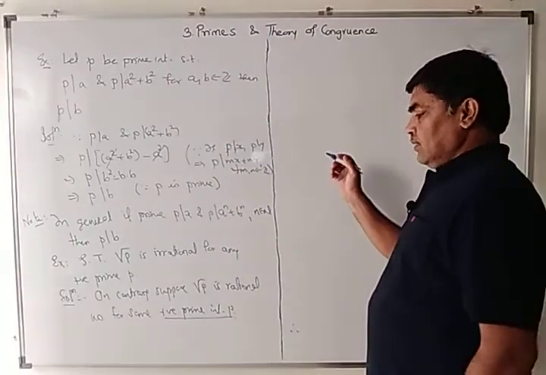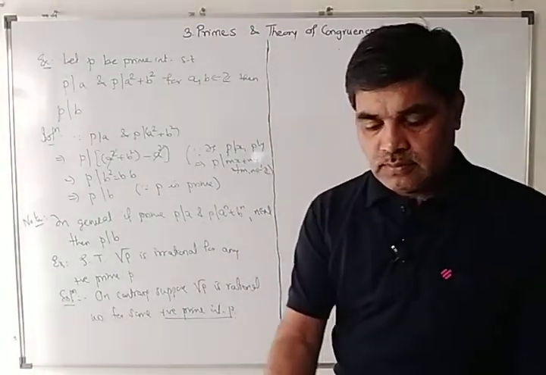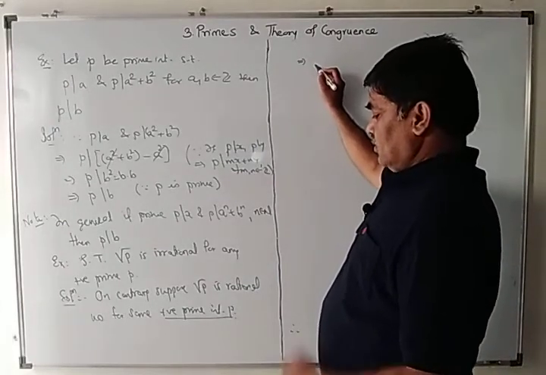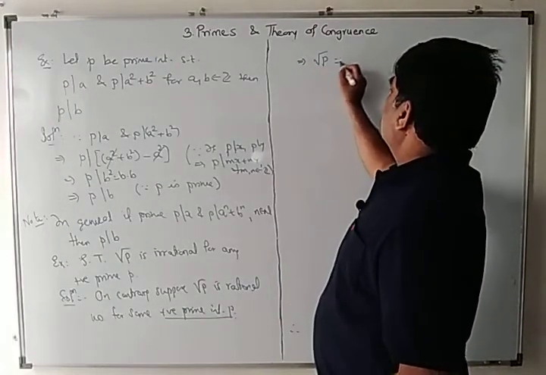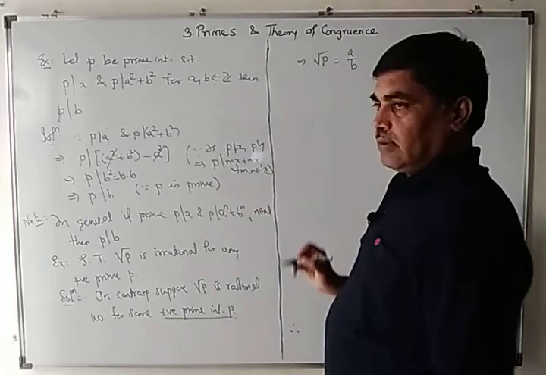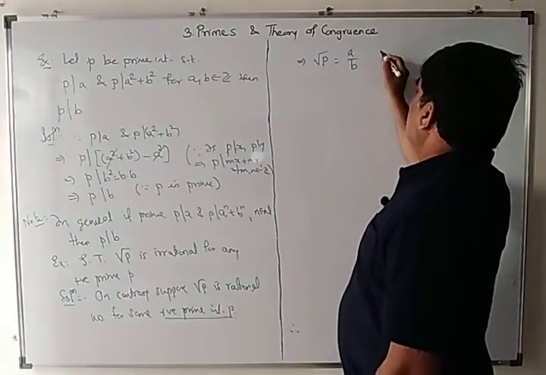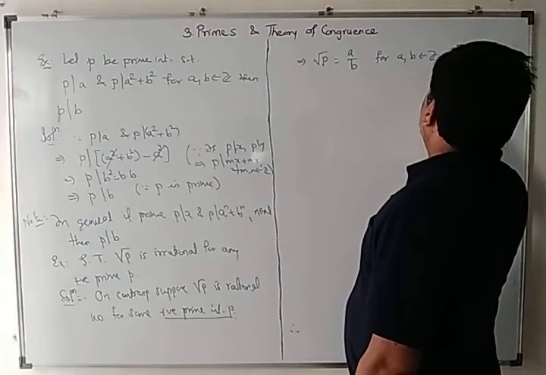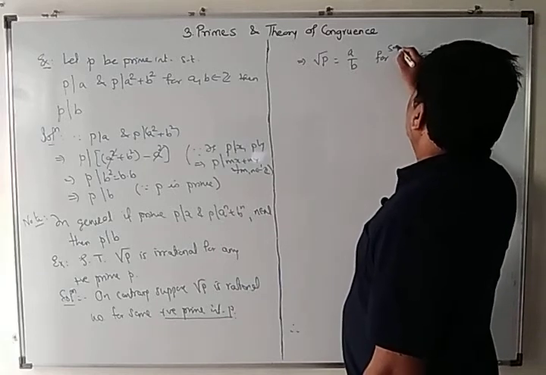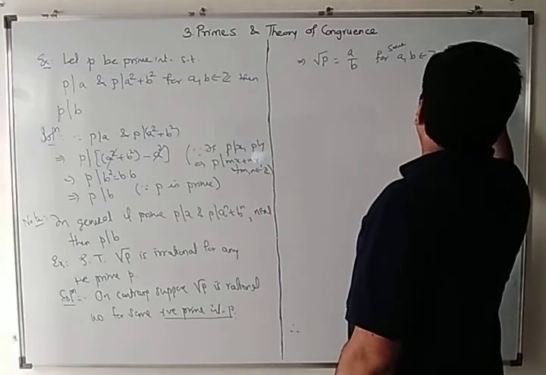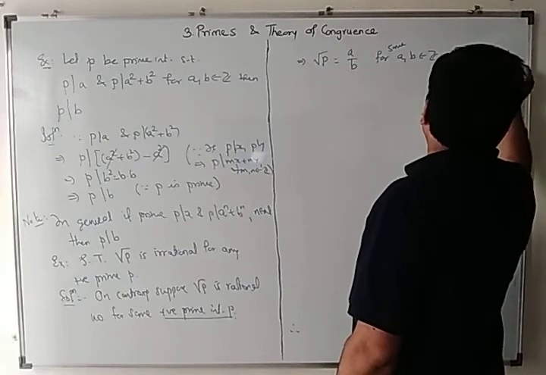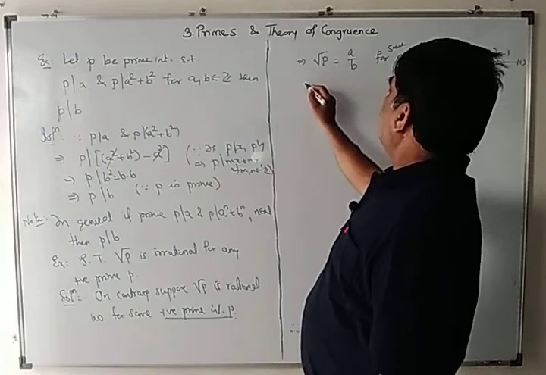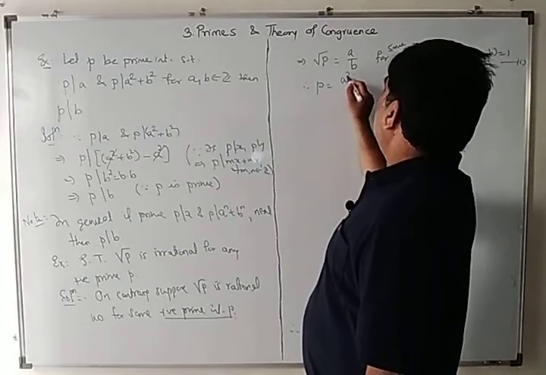This implies root P is equal to A upon B for A, B belonging to Z where GCD of A, B is 1. This is 1. Okay. And therefore P is equal to A square upon B square.